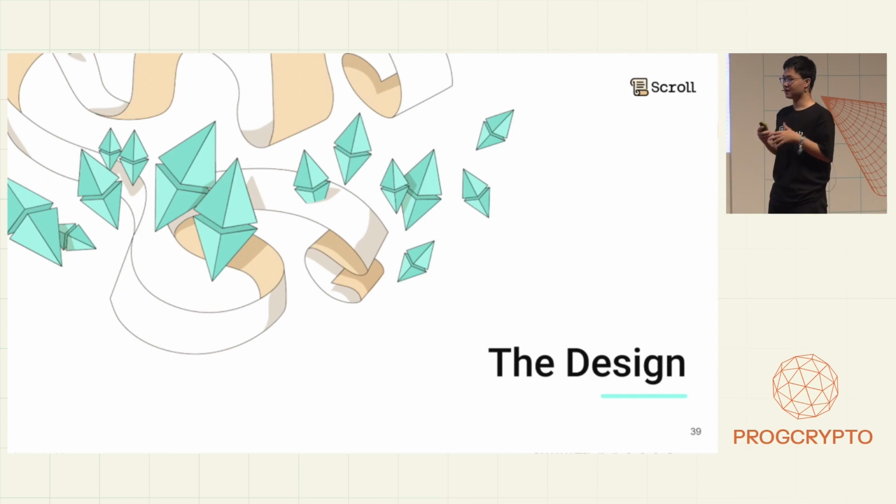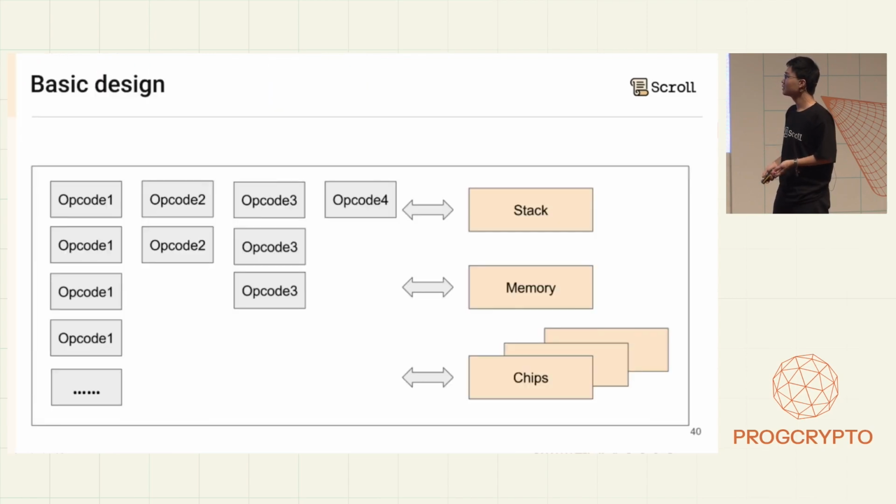And now the final thing, coming to the design: how a zk virtual machine or zkEVM can look like with this backend. Let's start with a very basic design. You have different execution traces, and you put all the same opcode in one column.